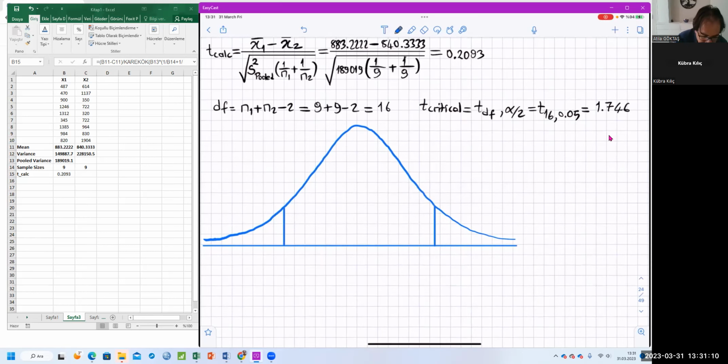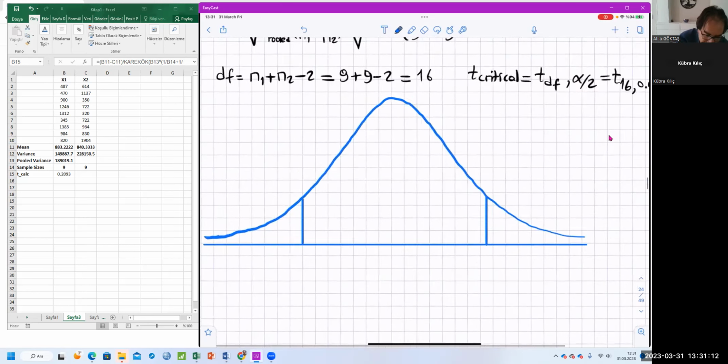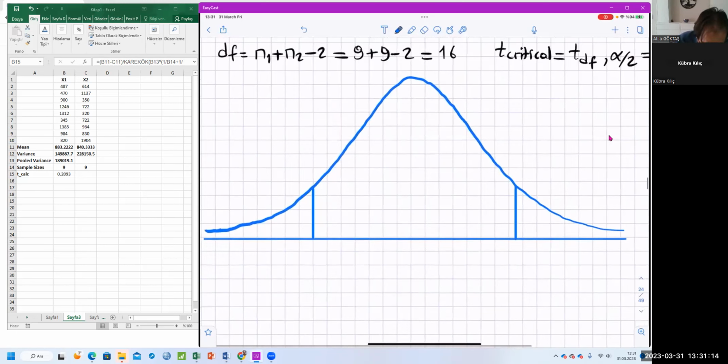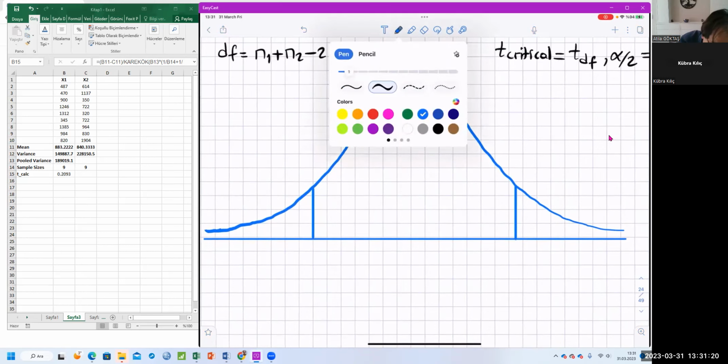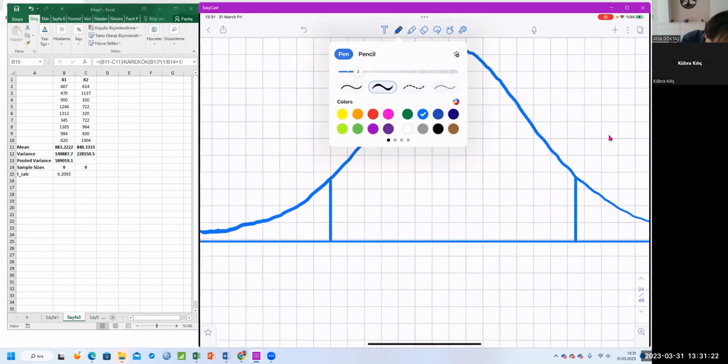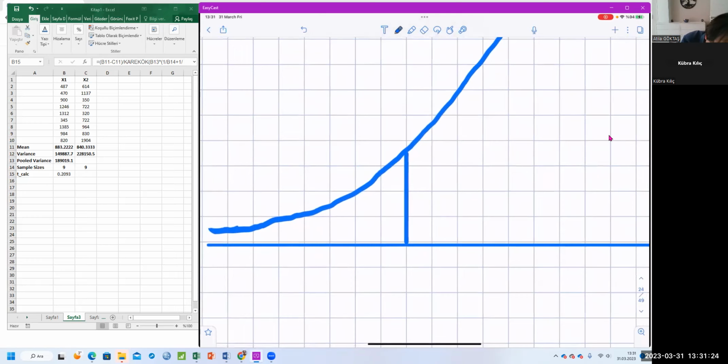There it is. Okay, we have one on the left, the rejection region. So you reject the null hypothesis, reject the null.